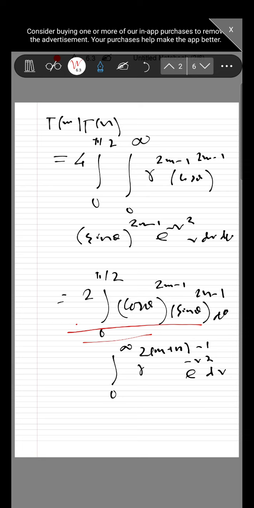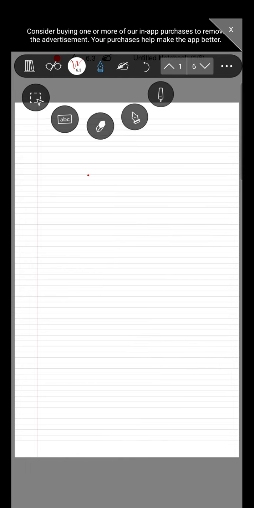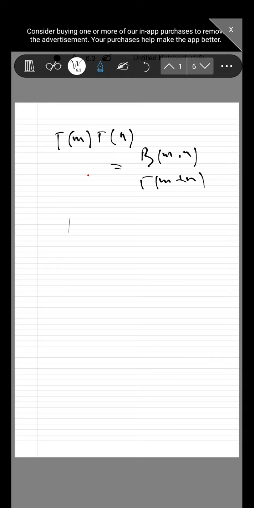So we can call this one equal to B(m,n), while this one is simply gamma m plus n. So what we finally get is gamma m gamma n is equal to B(m,n) into gamma m plus n. So that's how the relationship gets proved.